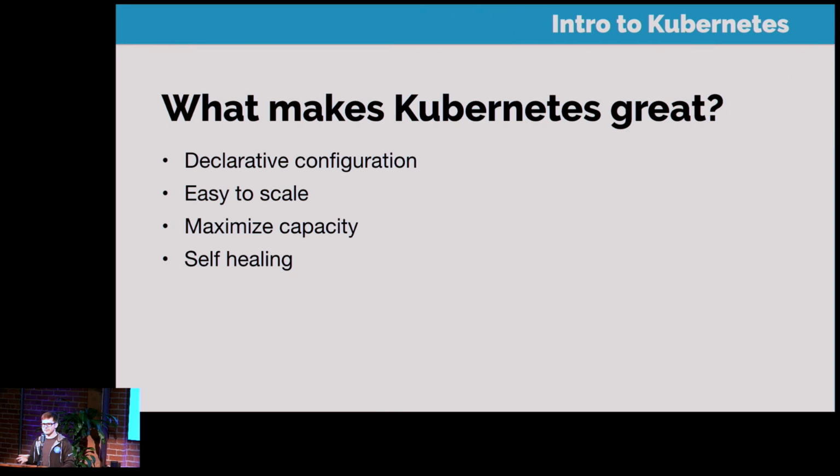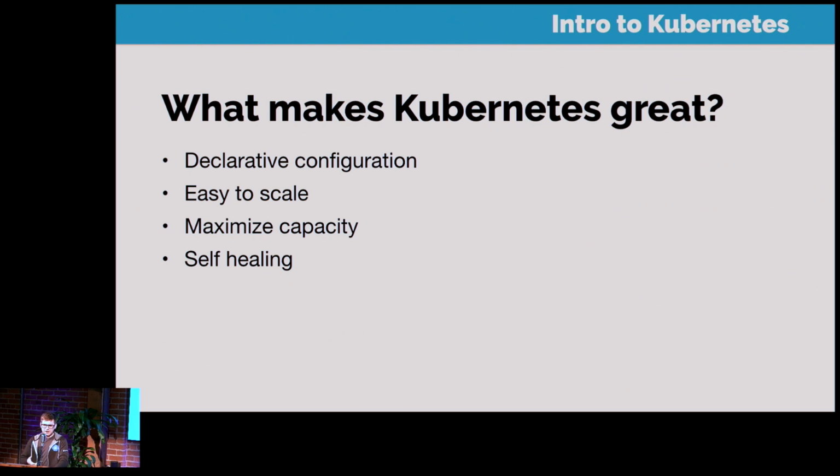So these are some of the things that make Kubernetes really great. First thing is that declarative configuration, that you're able to define the state that you want your application to be run in, the state of your system. And that's really great because you get to keep that in version control, and it's very easy to manage, oh hey, we made a change to the system. Rolling back is really easy. You just go back to the previous version of your definition. And it's really easy to scale.